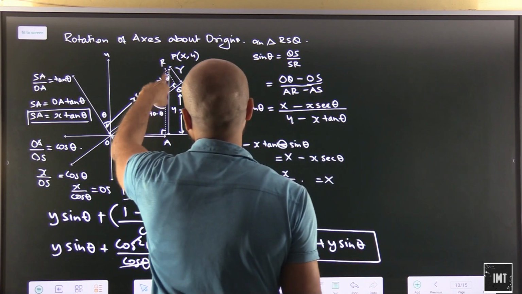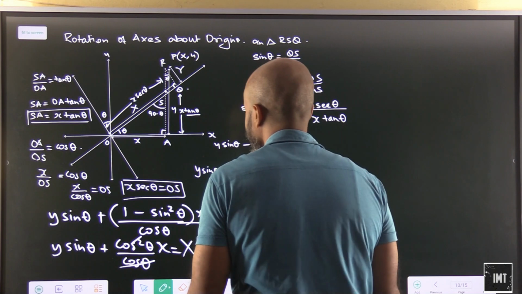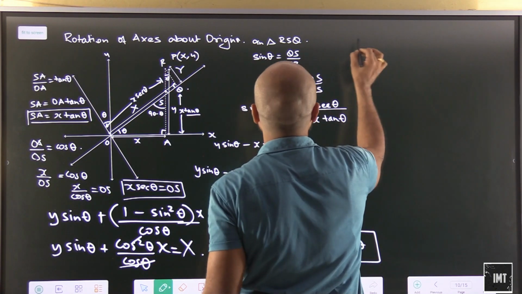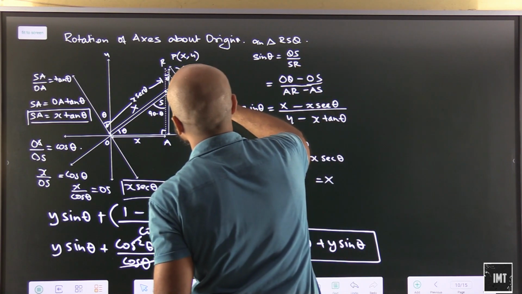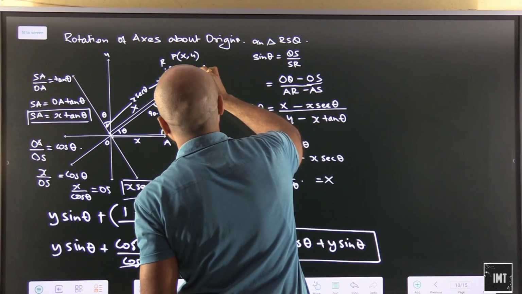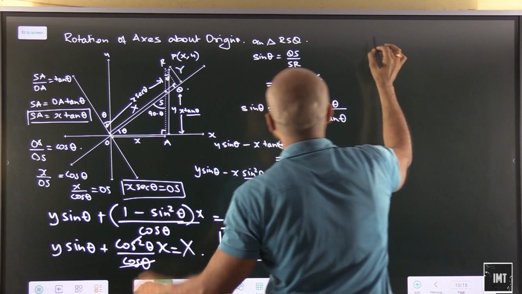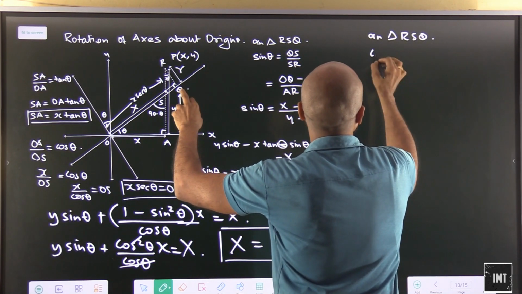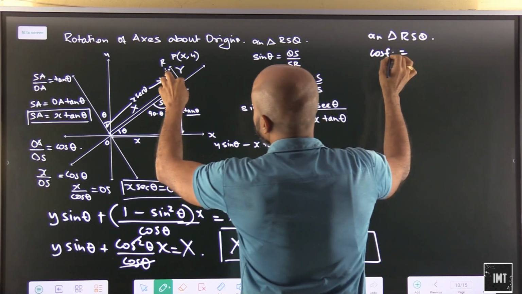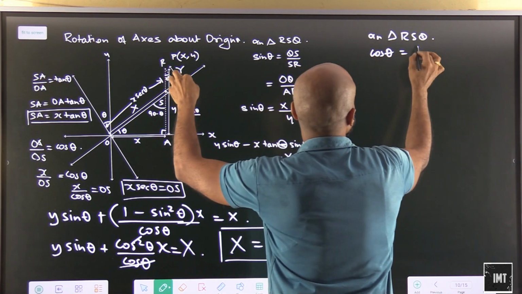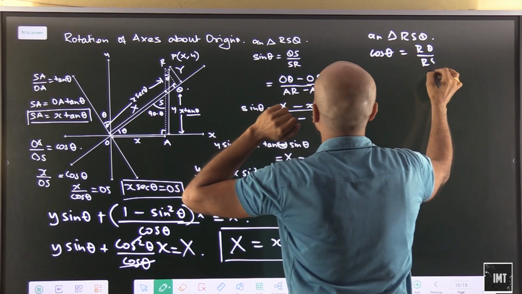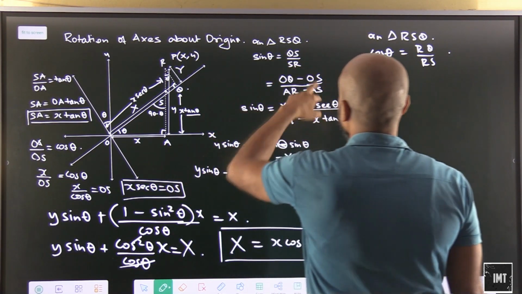So how will the value of y be calculated? We have to take this y in the triangle. This is theta, right? So in triangle RSQ, cos theta will be equal to RQ upon RS, or SR, whatever.